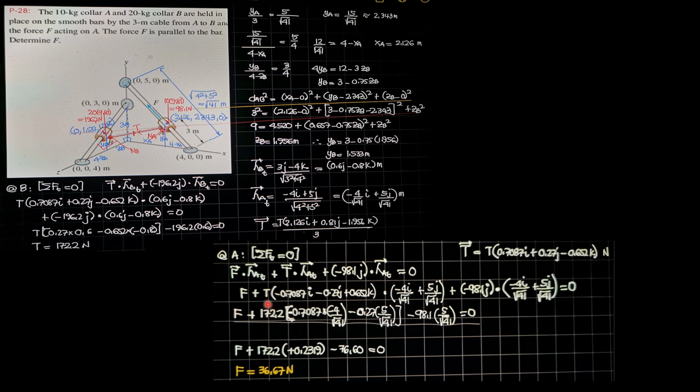So plus T, and this is the original T if it is from B to A. This time it is from A to B. So we just make this negative.